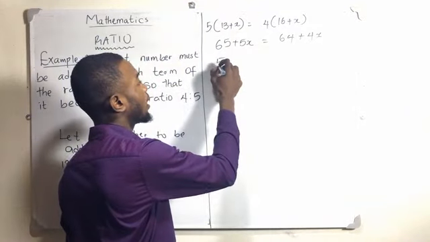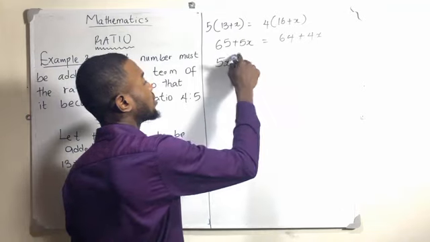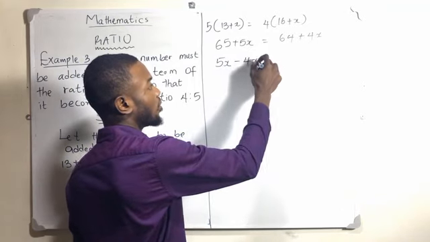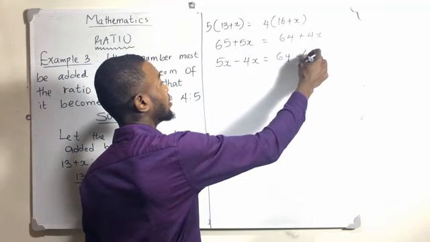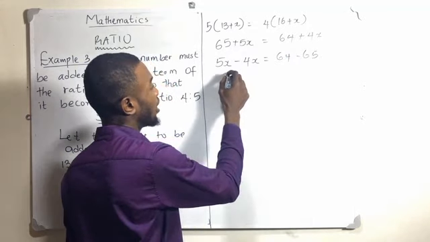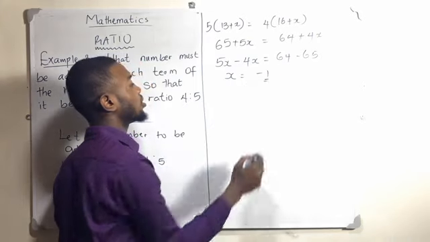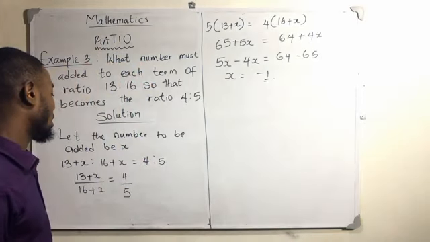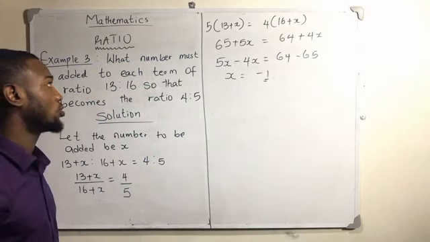So we have 5x, this is coming here, minus 4x equal to 64. This is going there, minus 65. So I'm having x equal to minus 1. So you see that the number that we are going to add to the 2 is minus 1.